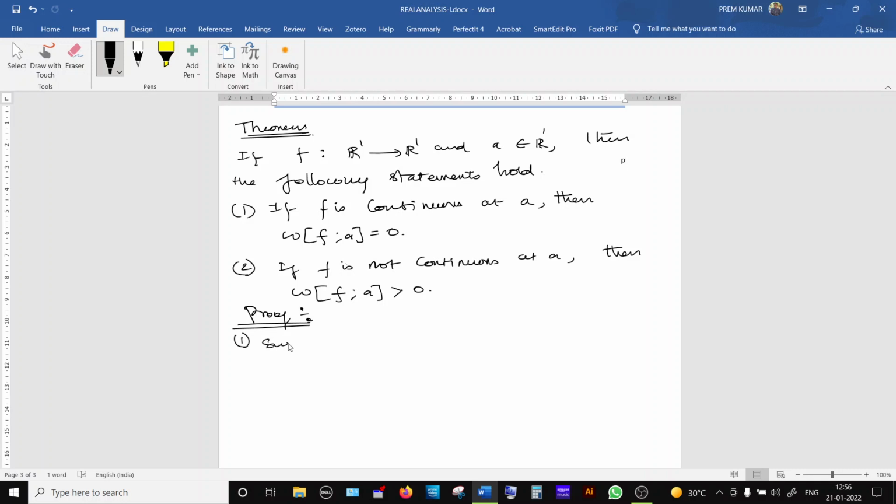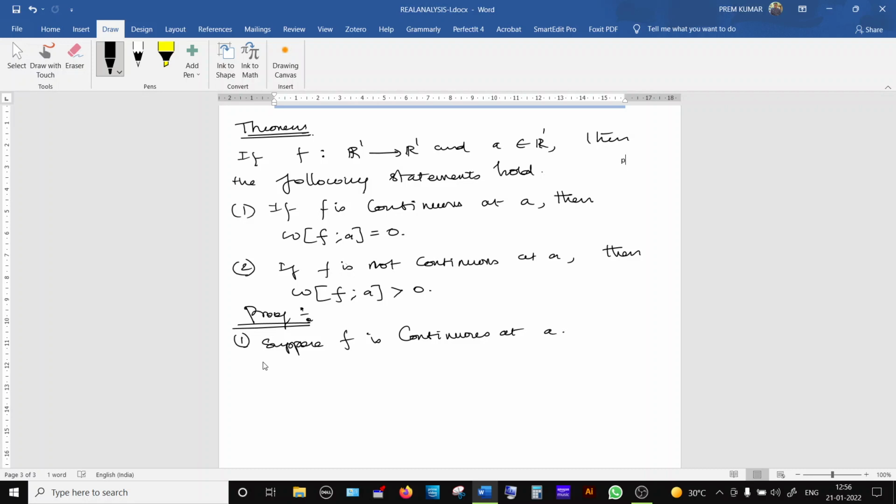So suppose the function f is continuous at the point A. Now we have to show that the oscillation is 0.